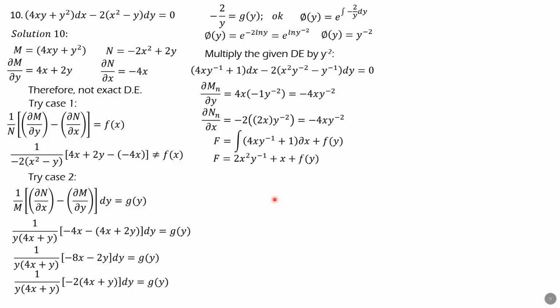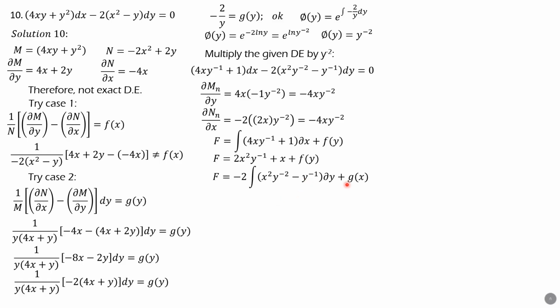Likewise, the other solution is negative 2 times the integral of this expression with respect to y plus a constant of integration g of x. So this time it is y that is the variable, so we copy the negative 2, then the quantity, copy x squared. The integral of y to the negative 2 dy is y to the negative 1 over negative 1.